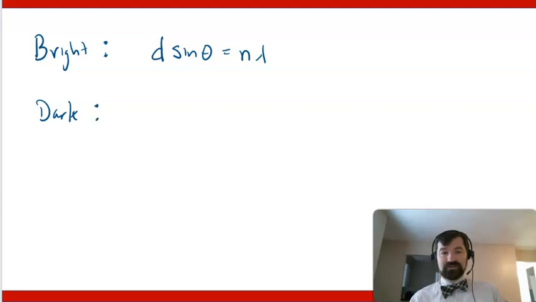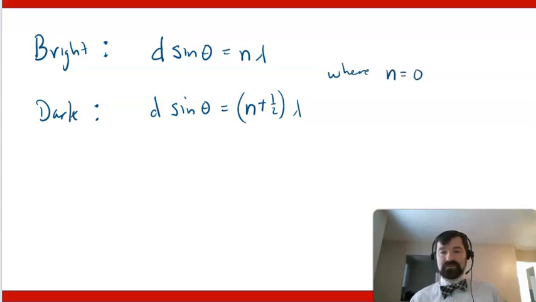And for dark fringes, d times sine of theta equals n plus 1/2 times lambda, where, again, n is 0, plus or minus 1, plus or minus 2, plus or minus 3, etc. Any integer value.